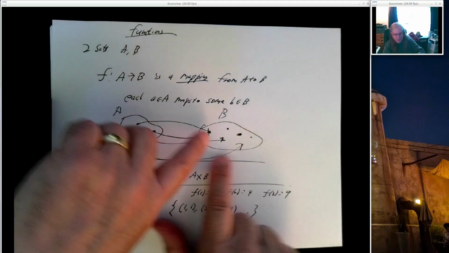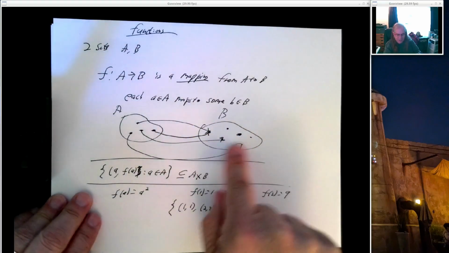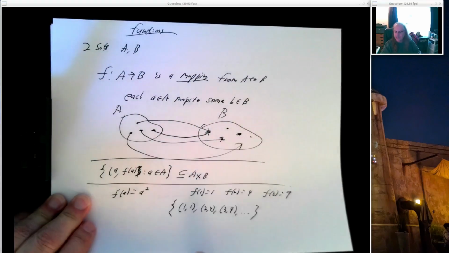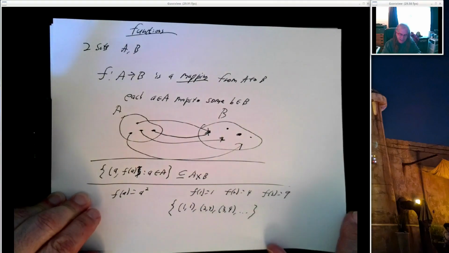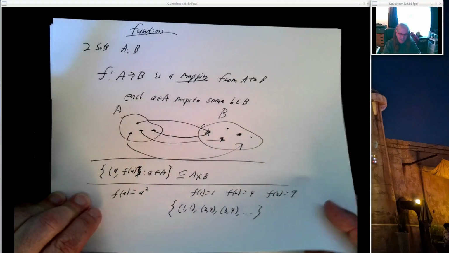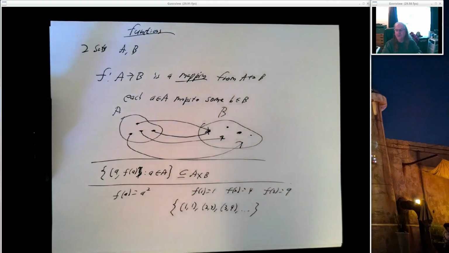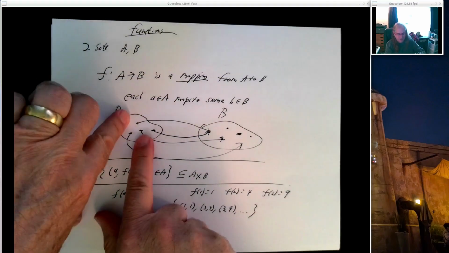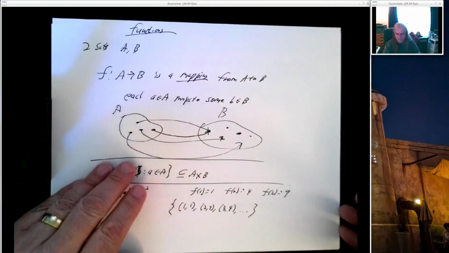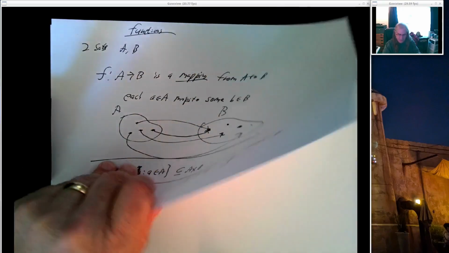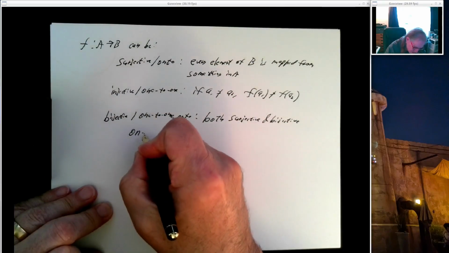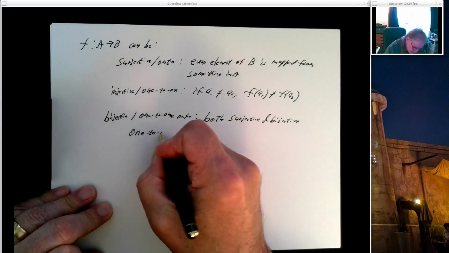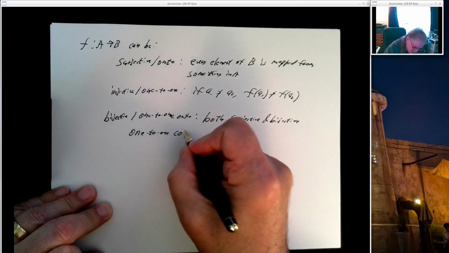Different points here go to different points there, and every point over here in B has something going to it. And bijective functions are really nice because they establish what we can think of as a one-to-one correspondence between points here and points there. So a bijective function gives us a one-to-one correspondence.